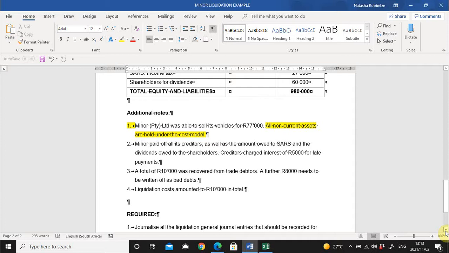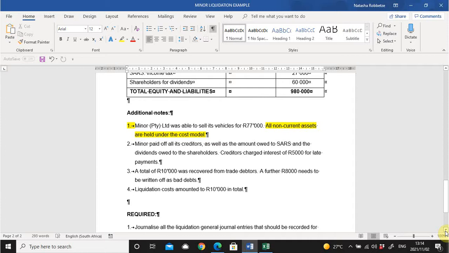So some revaluations still need to be done if it is the revaluation model and if the market value of the asset has been indicated to be more or less. Now we can just jump into step one with this question, but had it been the revaluation model, we must first do the revaluations, create the revaluation reserve, which will also be closed off in step 3, and then we can start with step 1.